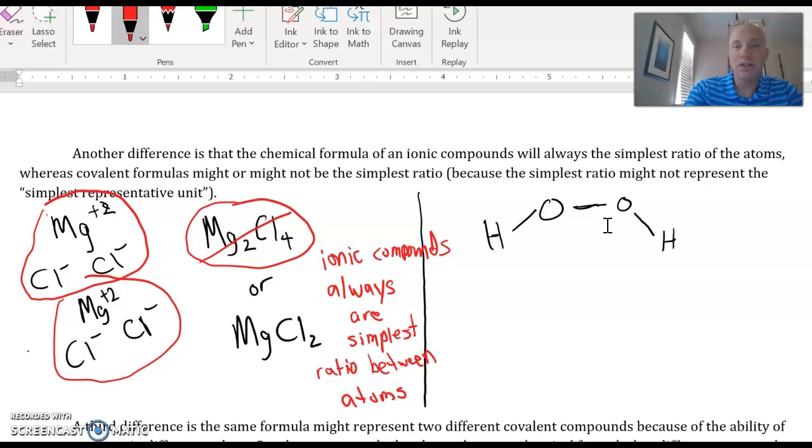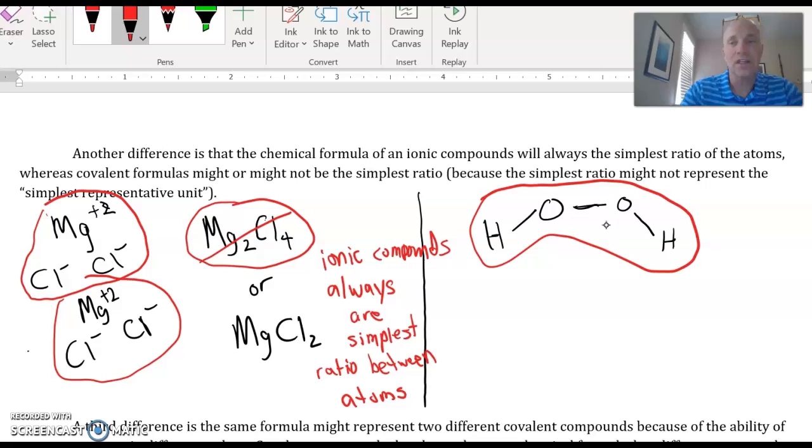By the definition of formula, which is the numbers and types of atoms in the simplest representative atom combination for a compound, what's inside of that simplest unit is H2O2. And notice that even though this is the simplest unit of that compound, it has a ratio of atoms which is not the fully simplified ratio.